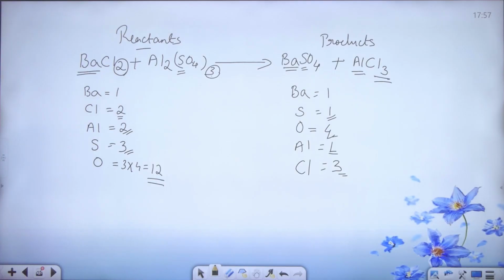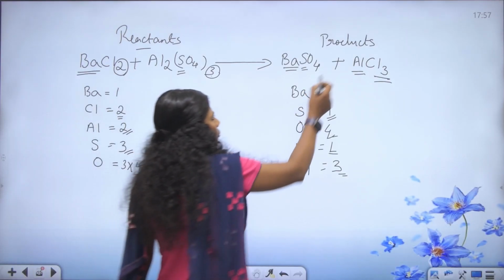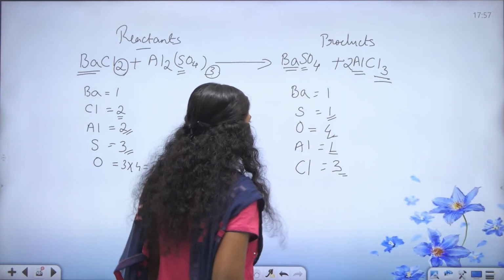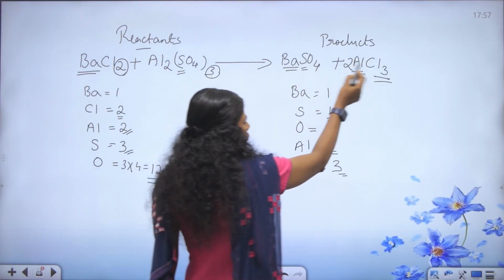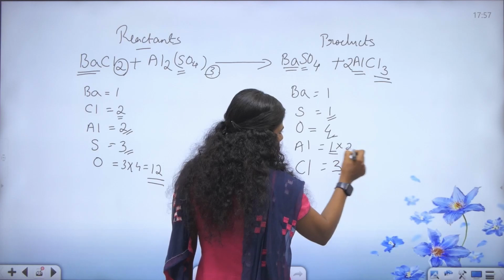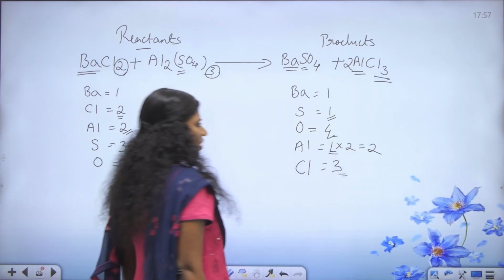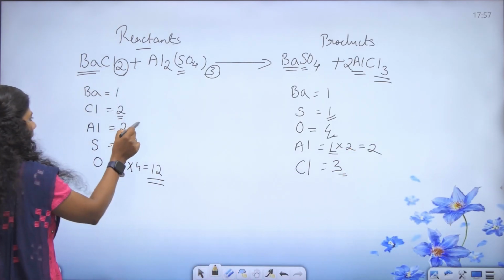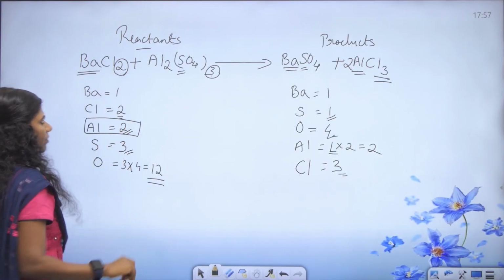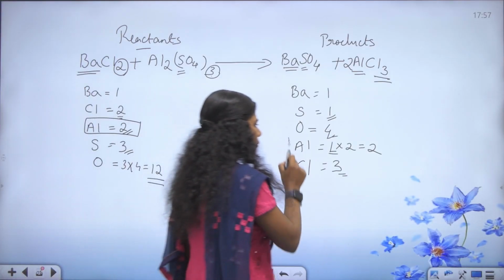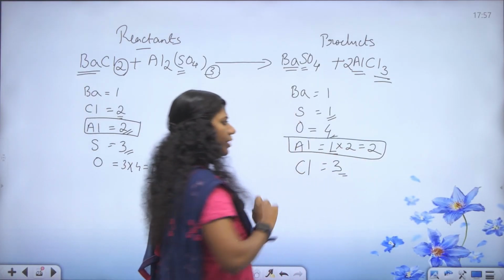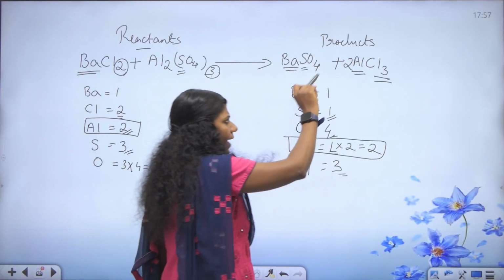Then I will put 2 in front of aluminium chloride, 2AlCl3. Now the number of aluminium atoms is 1 into 2, equal to 2. And the number of aluminium atoms on the reactant side is also 2. Now aluminium is balanced.